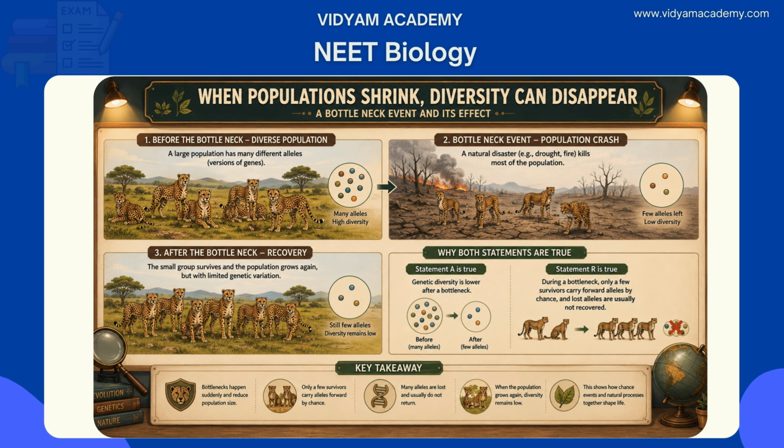Population growth after the bottleneck increases the number of individuals but cannot restore alleles that no longer exist in the gene pool. New alleles can only return through a new mutation, which is very slow, or migration from another population. R directly explains why A is true. The chance loss of alleles during the bottleneck, not subsequent population size, determines the permanent loss of diversity.